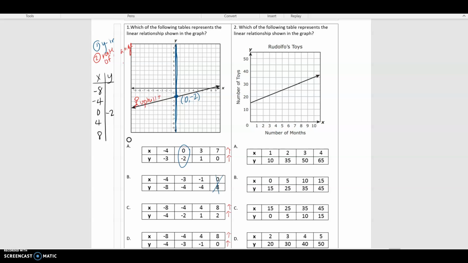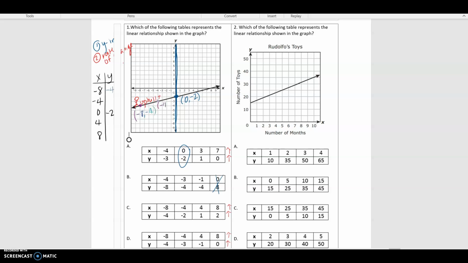I'm going to go to -8 because our x value takes you right or left. Negative is to the left, like a number line. And then I'm going down to the line. So I have -8, -4. Let's do -4. I go to the left, go down to the line.